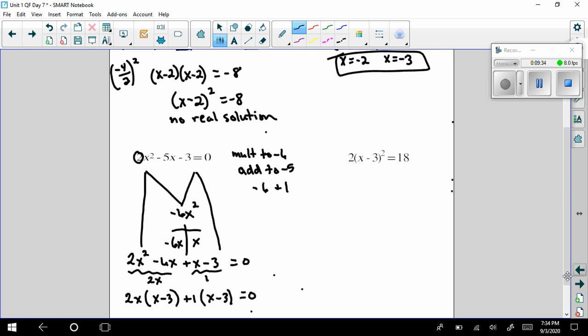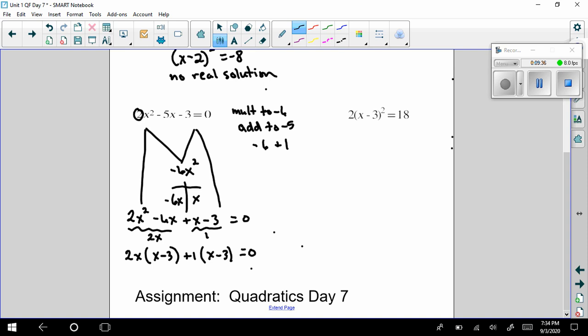So now I take out my common factor x minus 3 times 2x plus 1 equals 0. Set each factor equal to 0. So here I get x equals 3. And here if I subtract 1 and divide by 2, I get x equals -1/2.